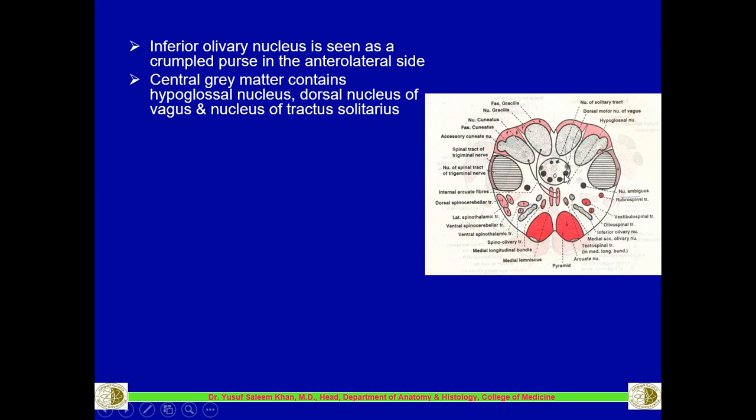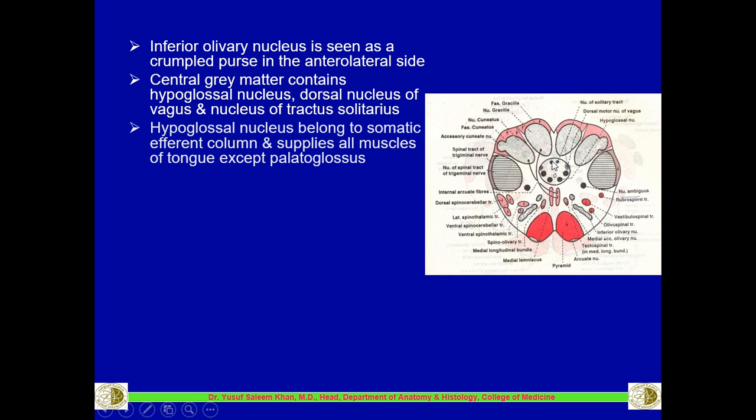This is the dorsal motor nucleus of the vagus, and the most posterior will be the nucleus of the solitary tract. So the hypoglossal nucleus belongs to the somatic efferent column and supplies all the muscles of the tongue, except the palatoglossus.